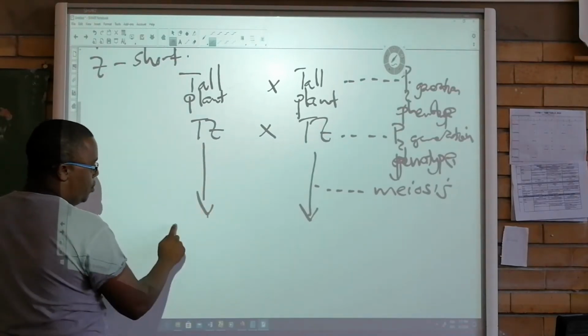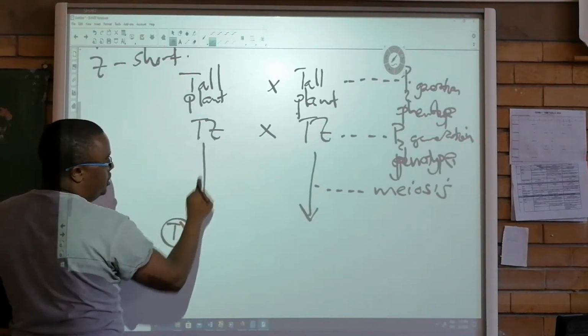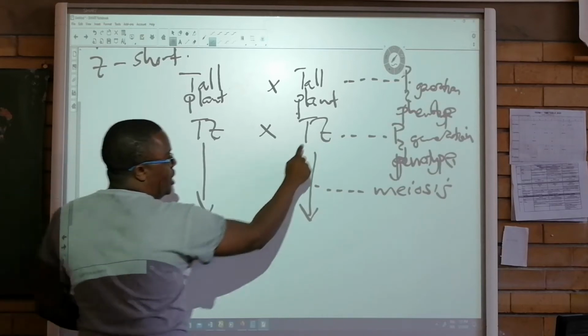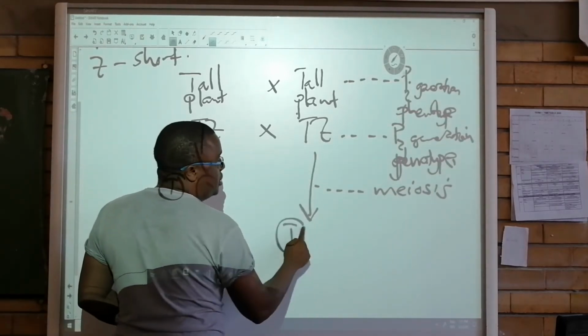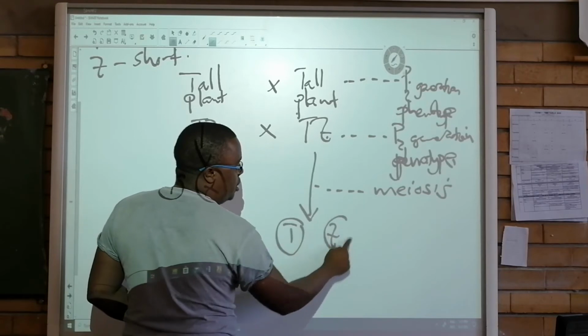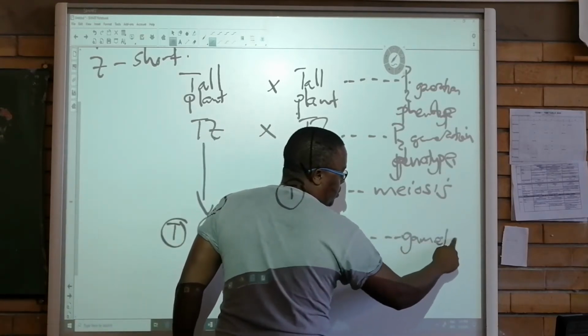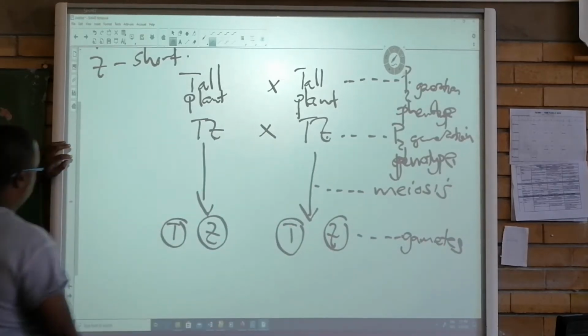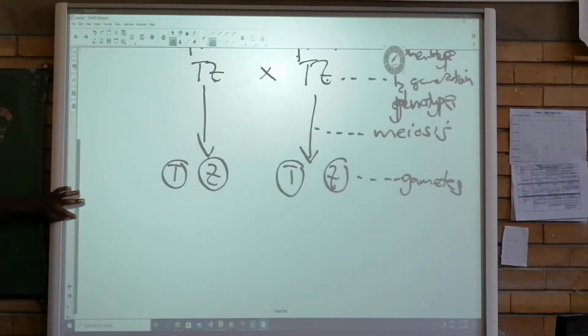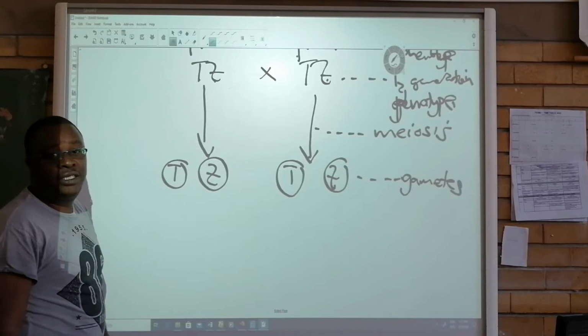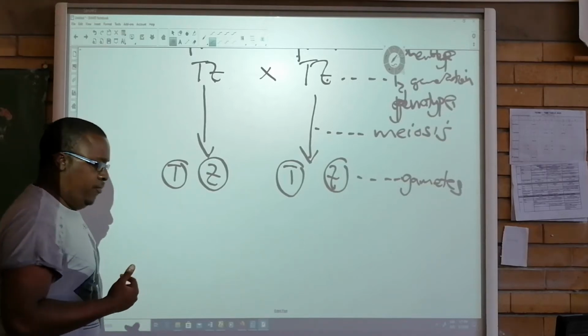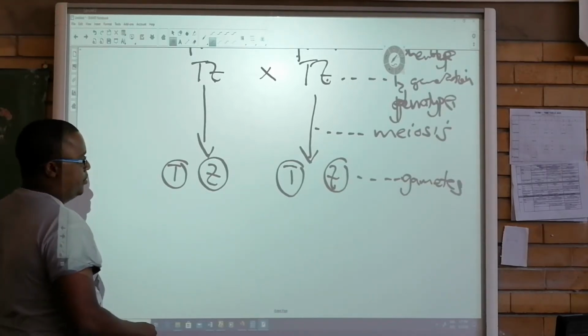This allele goes into its own gamete. This allele goes into its own gamete. This allele goes into its own gamete. This allele goes into its own gamete. What do we have? Gametes. What is the next thing after you have gametes? You have fertilization, reproduction and fertilization.